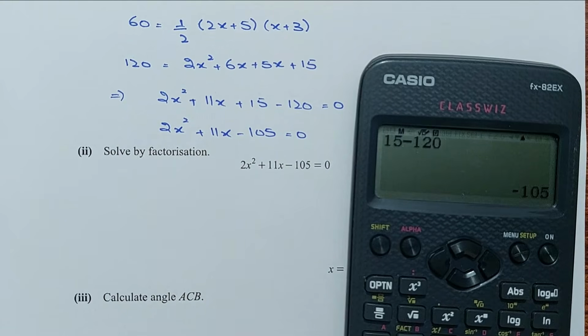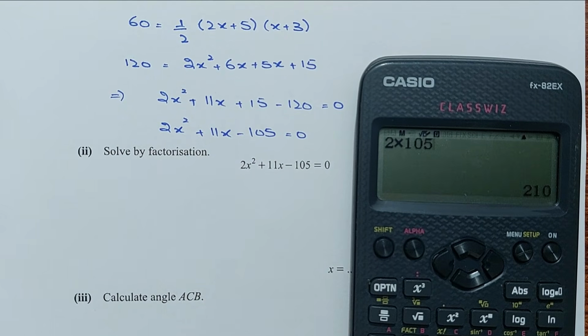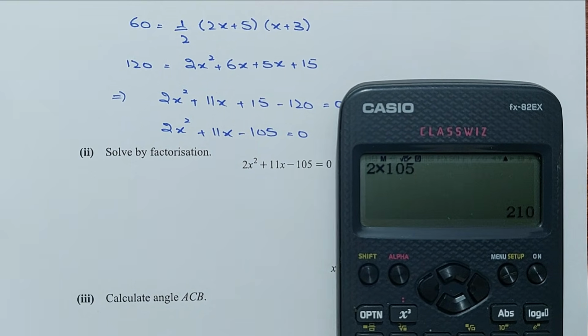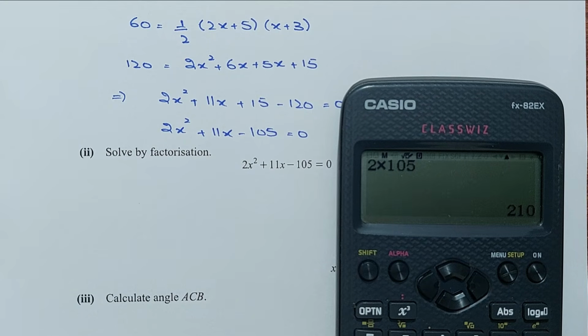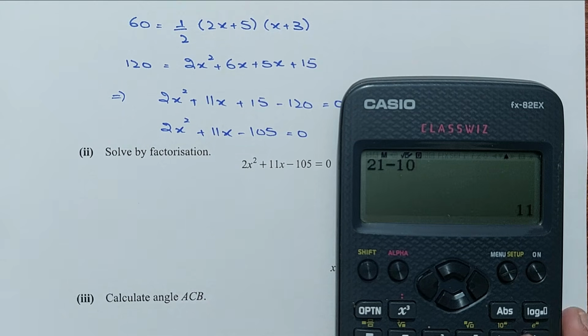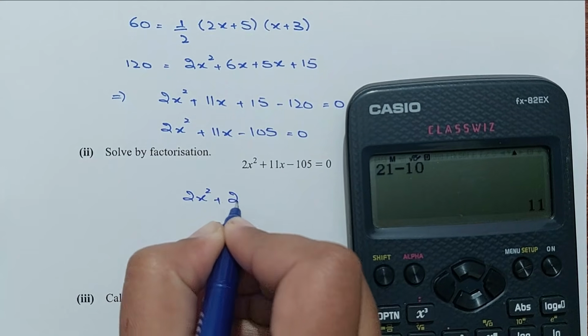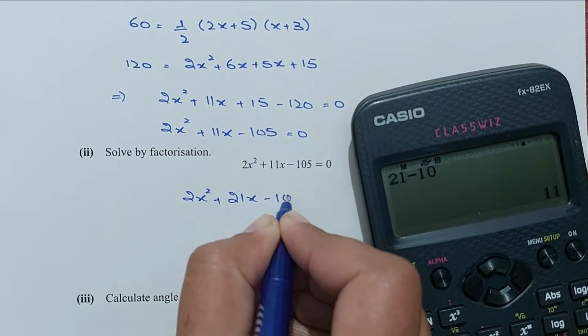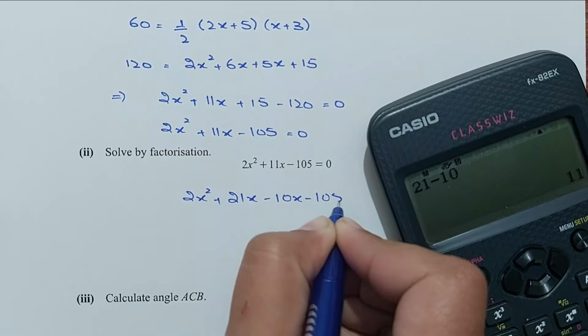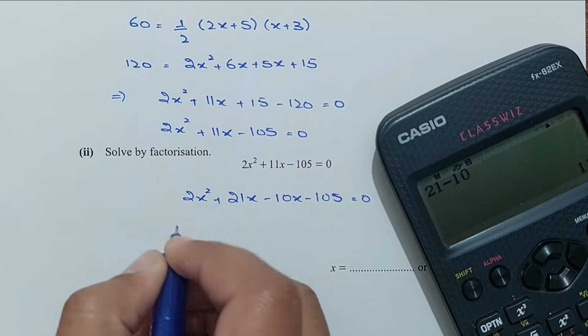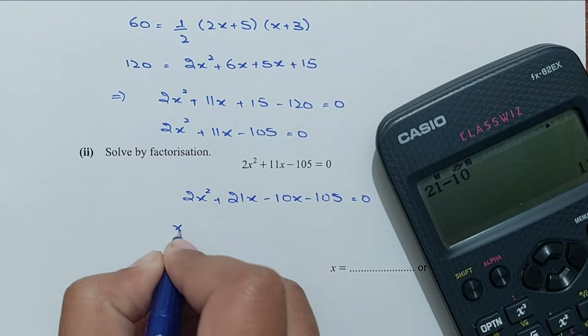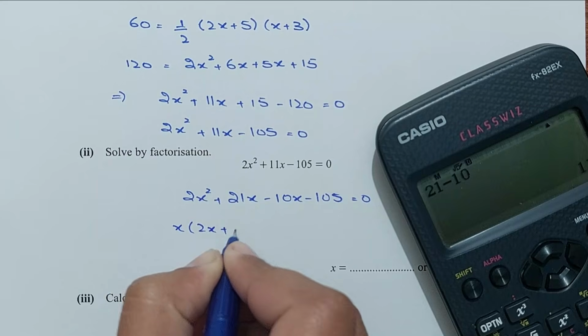Okay, so 2 times 105 is 210. So 10 times 21, and 21 take away 10 is 11. Yes, let me break the middle term. 2x square plus 21x minus 10x minus 105 equals 0. Okay, so x is common, 2x plus 21 is left.